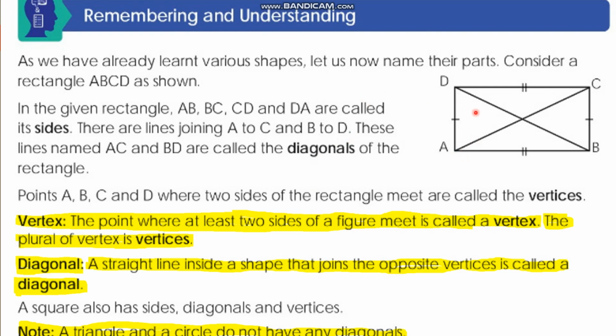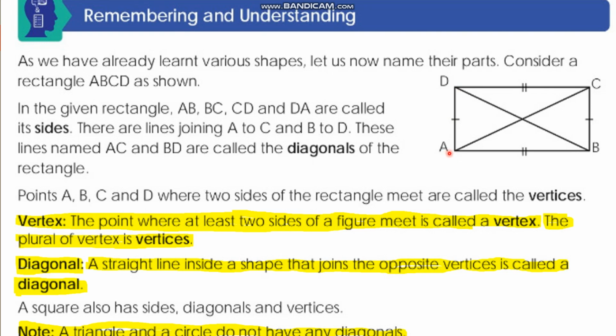My dears, look at this picture. In this given rectangle, AB, BC, CD, DA. These are called sides. Okay. So here we are studying how to name a rectangle, how to name the sides and how to name the vertex, and these all we will study.